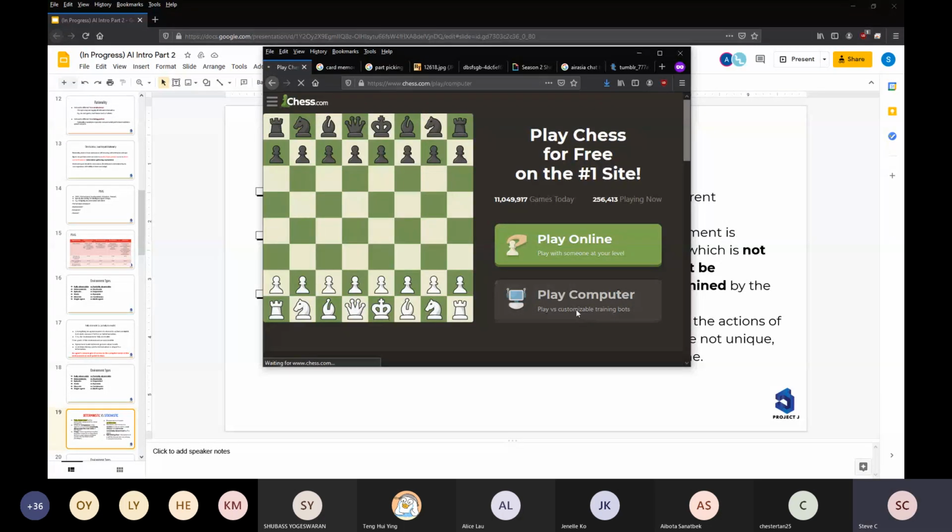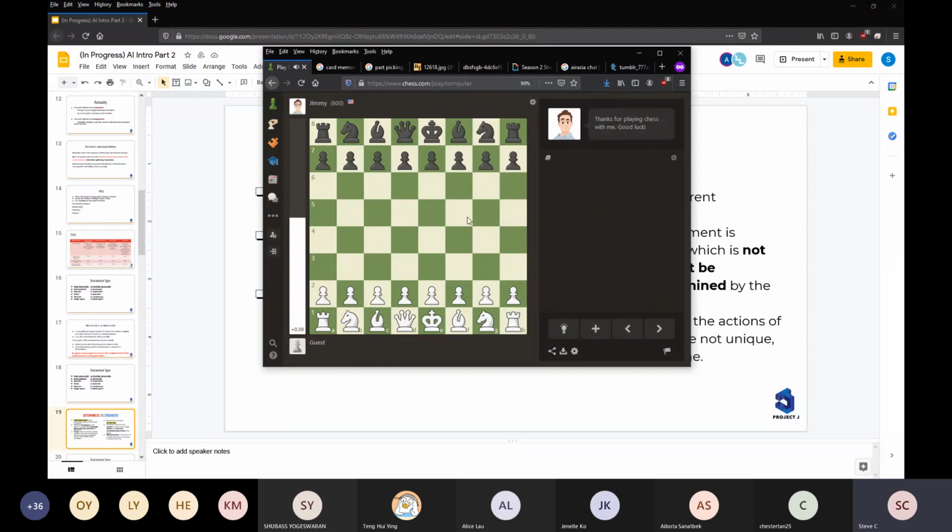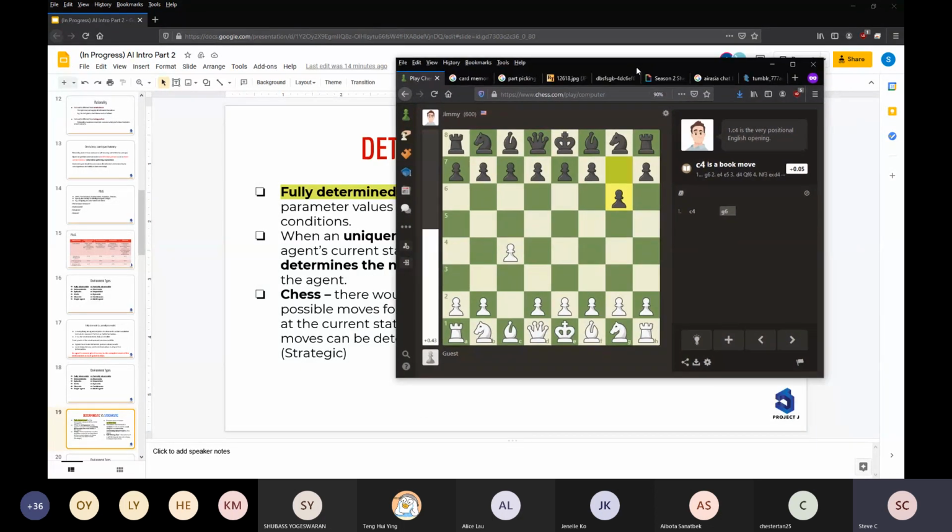So let's just play with the computer here. I'm just going to move a random piece right now. Let's examine this state, right? So deterministic, you can determine your opponent's next moves because there are only a few of the pieces that I can actually move in this current state.